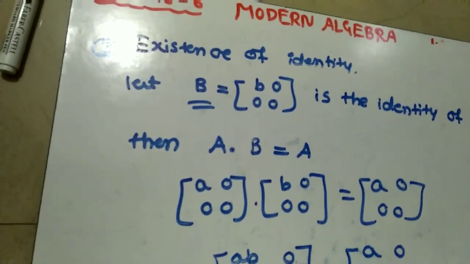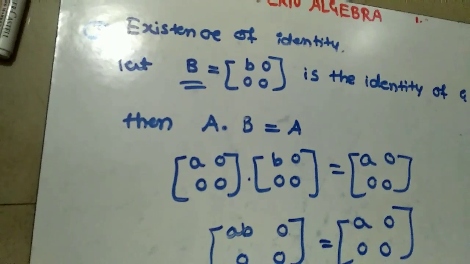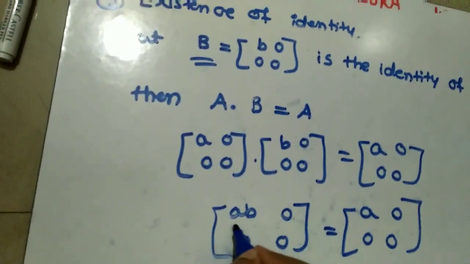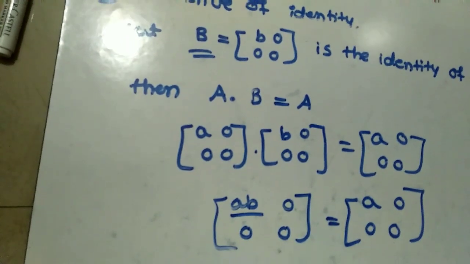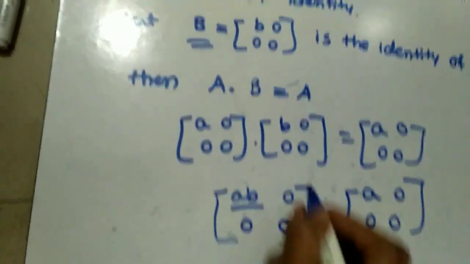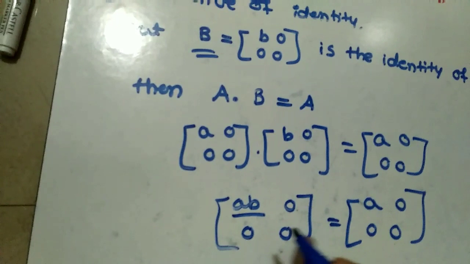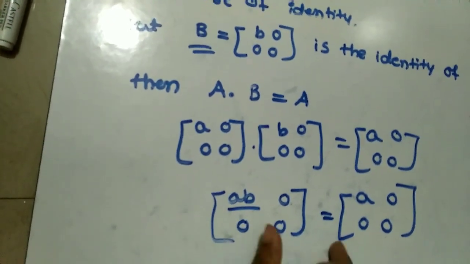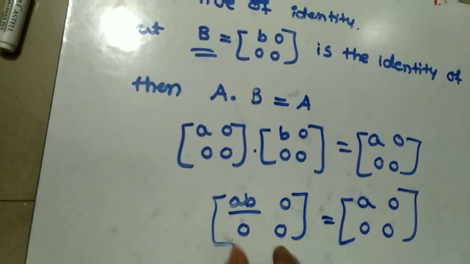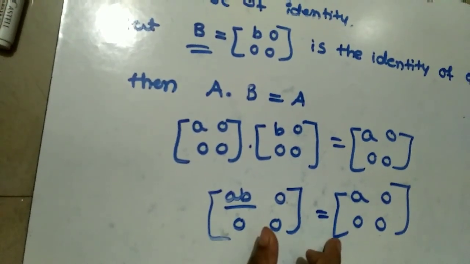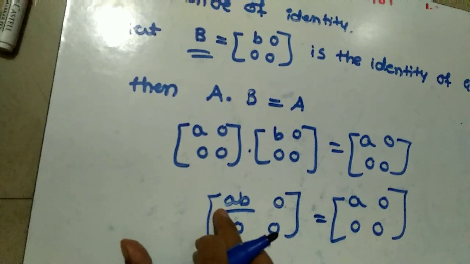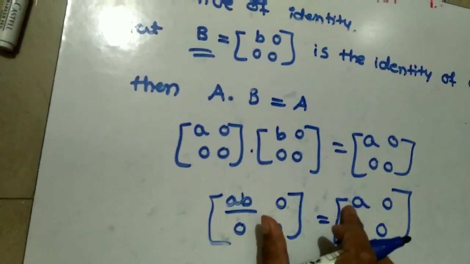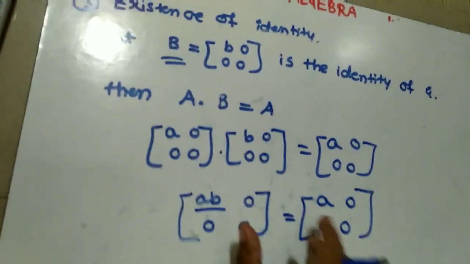which is equal to A 0 0 0. Okay, so now just compare here. Just look at here. AB is equal to A, 0 is equal to 0, 0 is equal to 0. So these all are equal matrices. When we say two matrices are equal, the element of the first matrix is equal to the element of the other matrix.